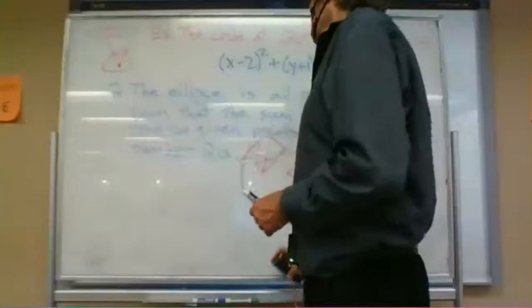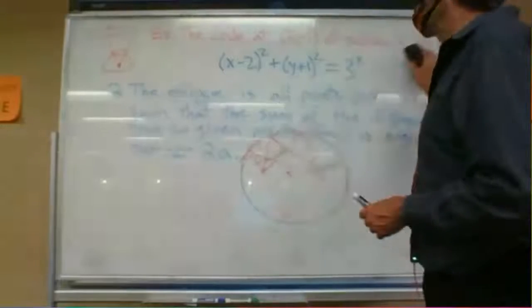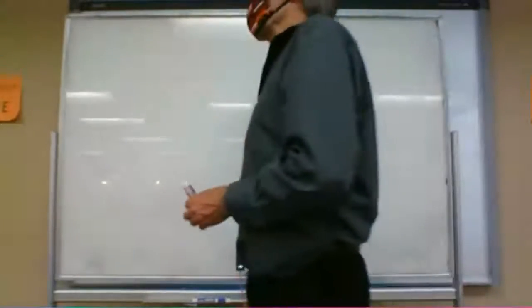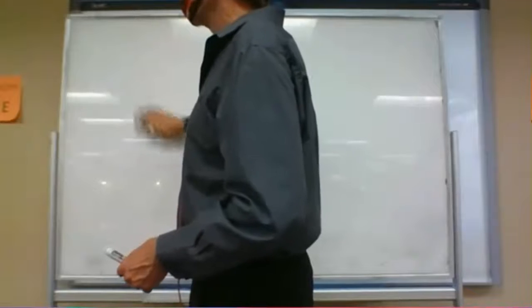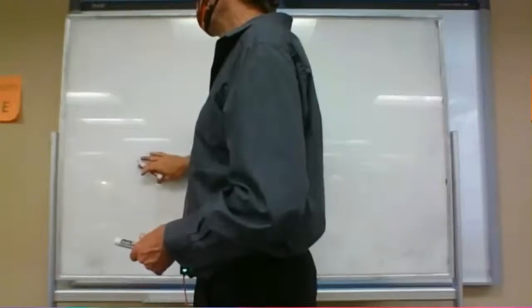But now we need the equation for an ellipse. If this is the definition, how are we going to make an equation for an ellipse? Same way, of course. We want the sum of two distances equal to a constant.